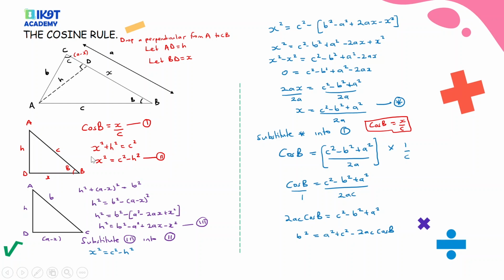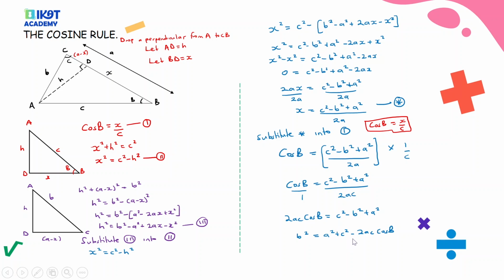Why? Because in trying to eliminate x, we've again introduced another unknown h, which is not part of the original equation. So we use the second Pythagoras theorem, then we make h the subject. Then we substitute this into this because we want to eliminate h. So in that process, we go through this, and that's the answer.